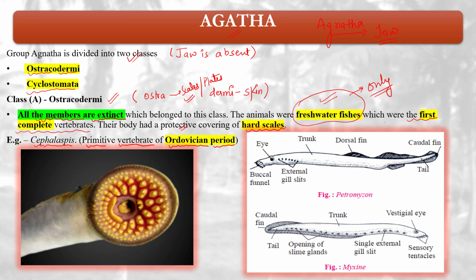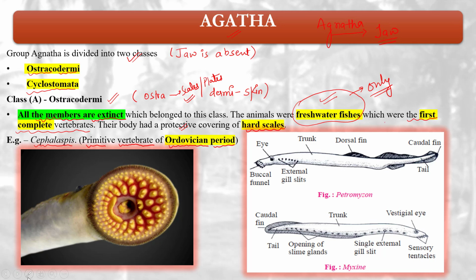There is no jawbone, and it basically has suckers, which help to suck the food. Is it understood? These are arranged in rows.